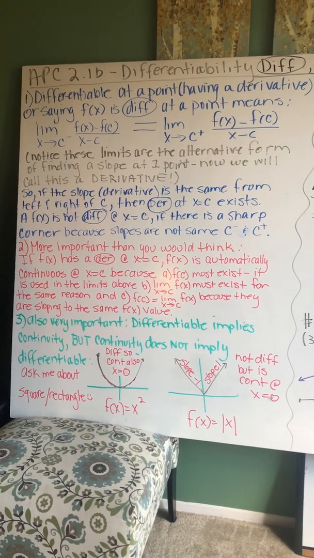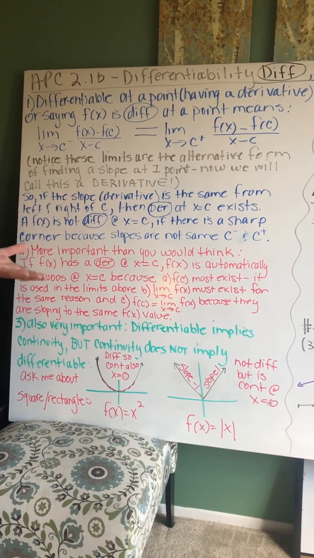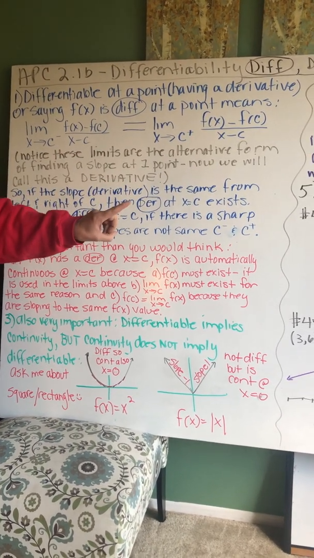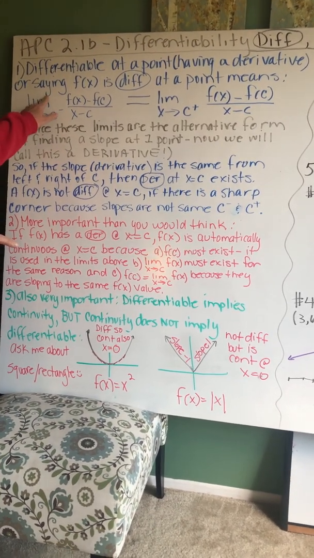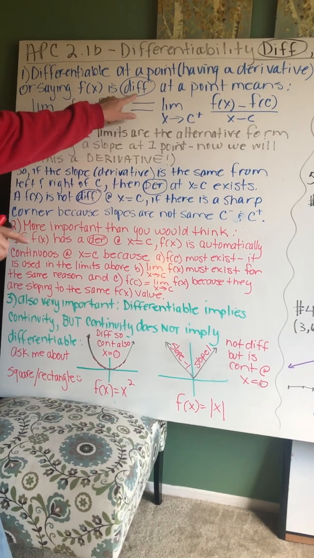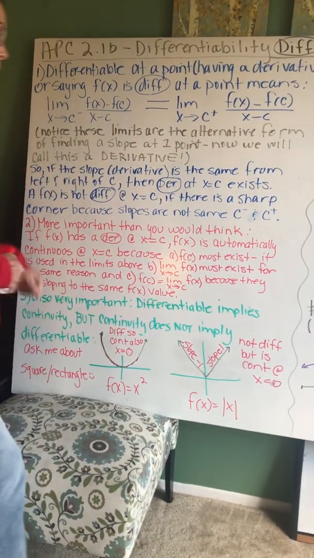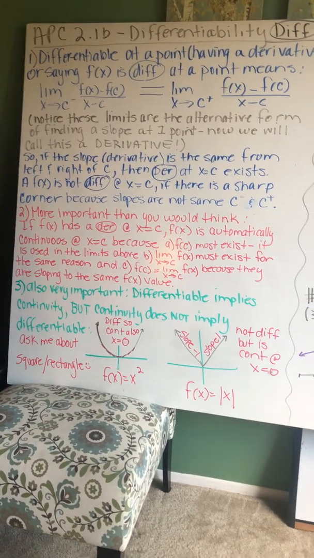Number one, we're talking about derivatives and differentiability. Differentiable at a point, meaning having a derivative, or saying that f of x is differentiable at a point means... Before we look at this, I've been leading up to the idea.